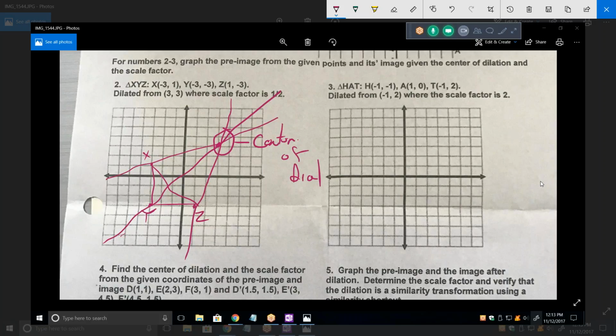So do I need to be to the lower left of this triangle or to the upper right? Upper right. No. What they're saying is give me the preimage.